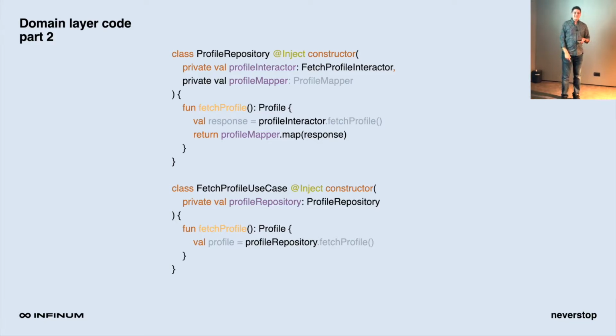Well, the answer to this question is very complicated, but basically the use case is completely free of any data information. So repository still knows about profile response because it uses it in the fetch profile method, but the use case is completely free. And also I can use use case to do some additional stuff like storing the profile in cache or something if I wanted to.